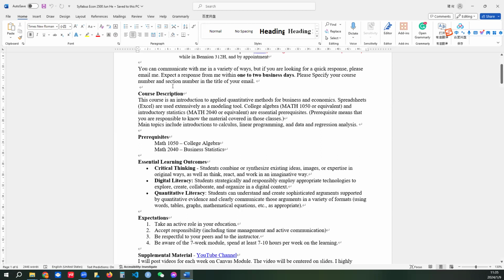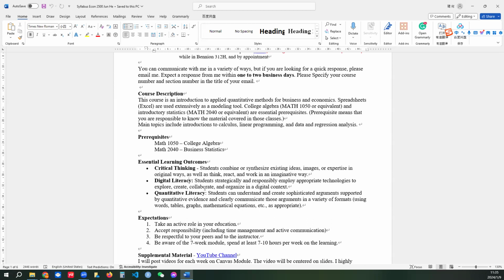So critical thinking, digital literacy, as well as quantitative literacy, these are the three main characteristics that I hope to develop in you from this class. Digital literacy especially refers to your ability to utilize Excel to realize certain functions to solve problems.